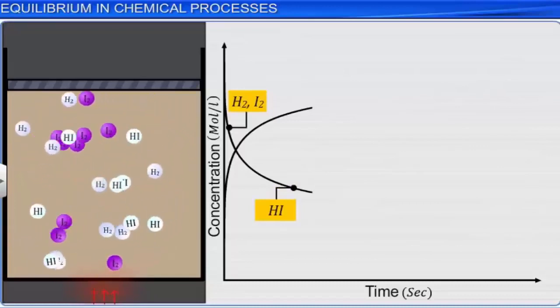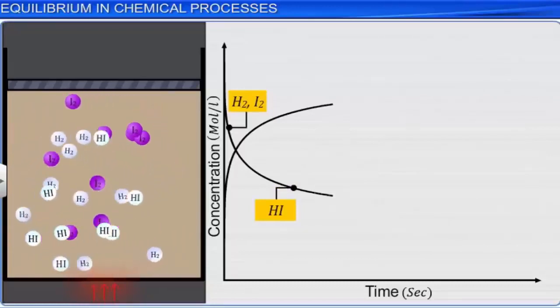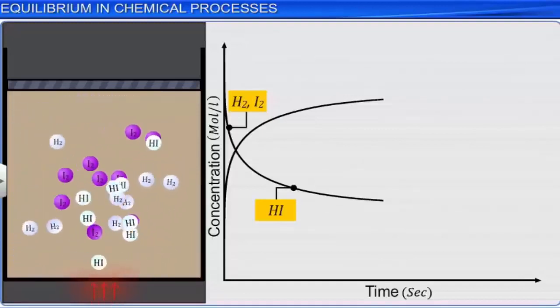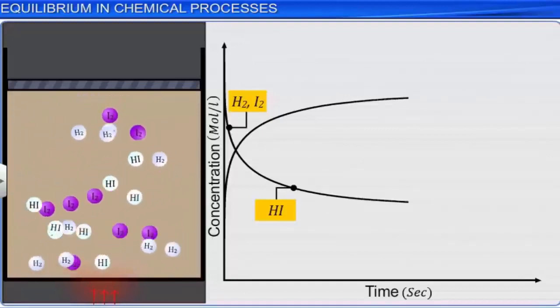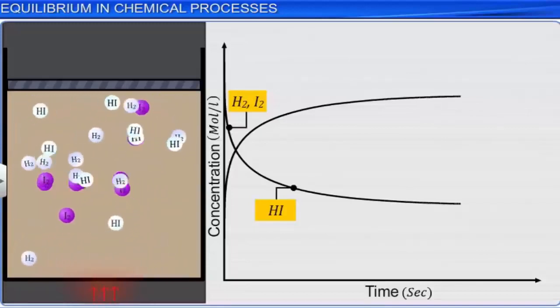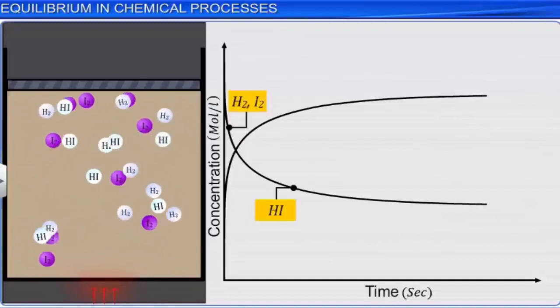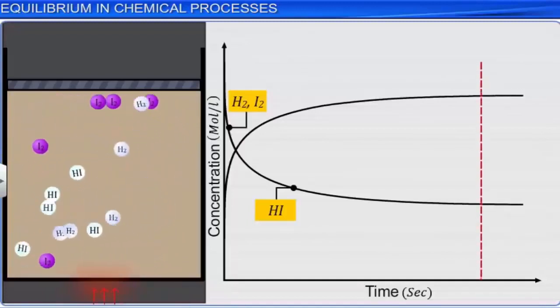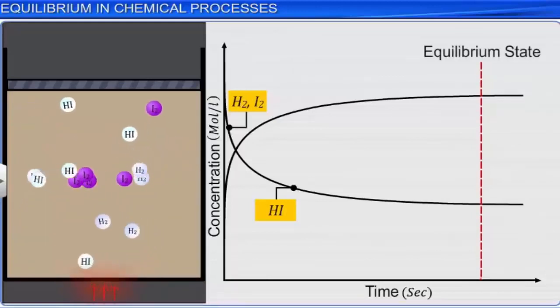As hydrogen iodide accumulates, the backward reaction of hydrogen iodide decomposing to hydrogen and iodine becomes significant. A stage is reached when the rates of the forward and backward reactions become equal, and the system is said to have attained equilibrium.